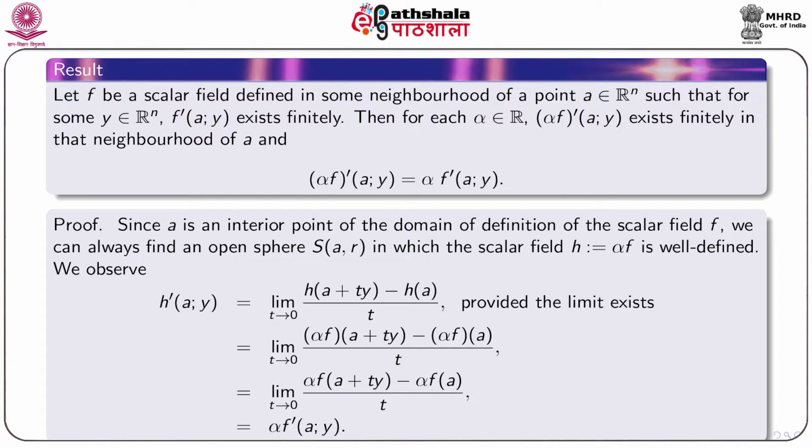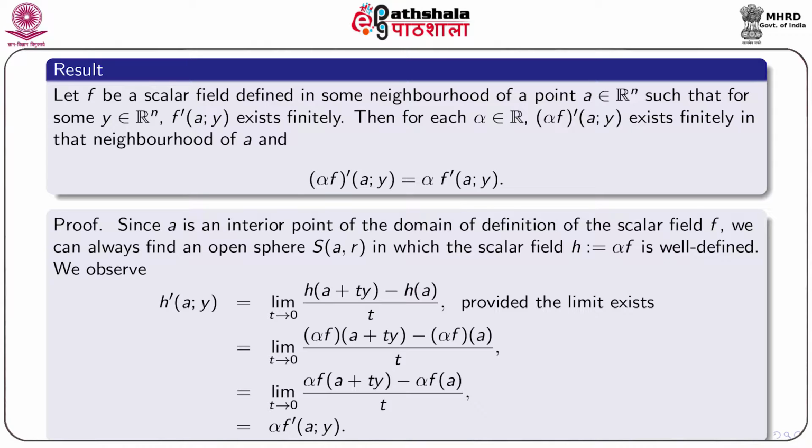Another property. Let f be a scalar field defined in some neighborhood of a point a in Rn such that for some y in Rn, f'(a, y) finitely exists. We shall prove that for every real number alpha, (alpha f)'(a, y) exists finitely in that neighborhood of a, and (alpha f)'(a, y) equals alpha f'(a, y).